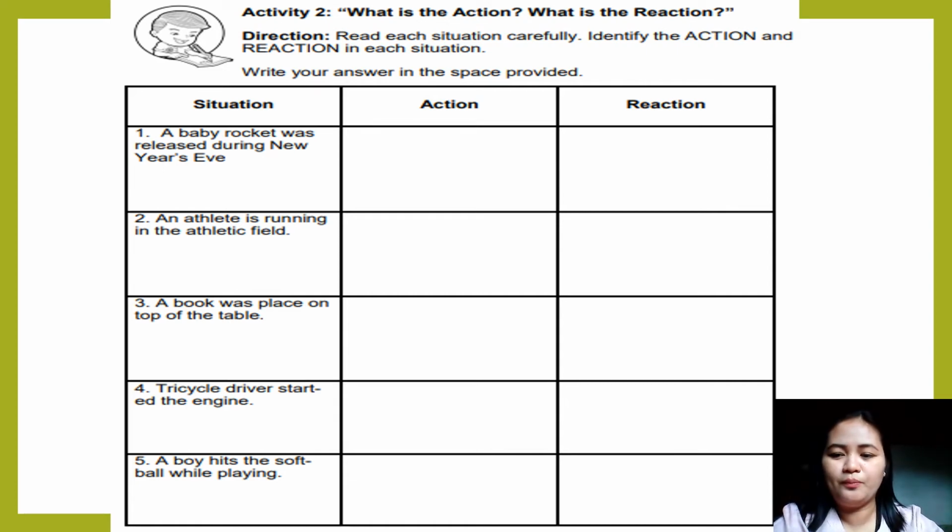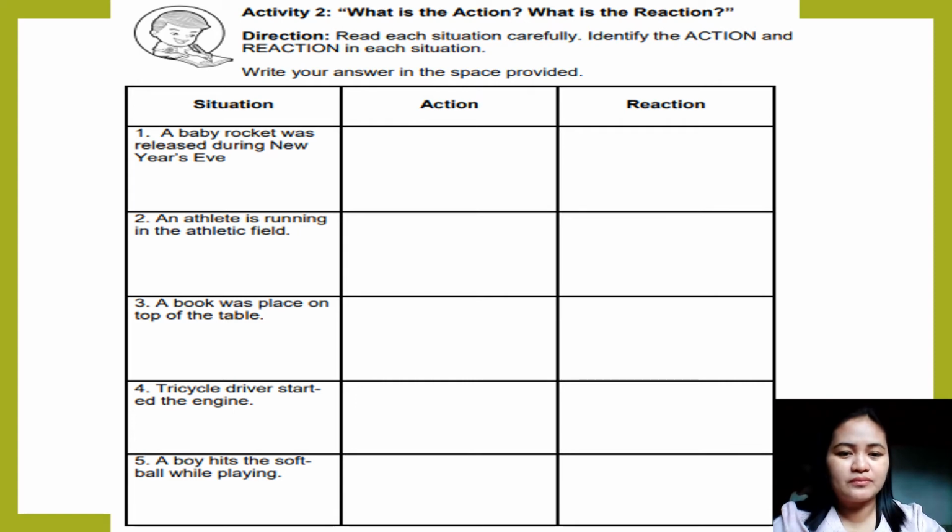Katumbas lang ito nung nagsiswimming or nung lalaki na umaalis sa bangka. So what are the two objects interacting in number 2? We have the athlete, gamit ang kanyang paa, syempre running nga eh. And the field or the ground.